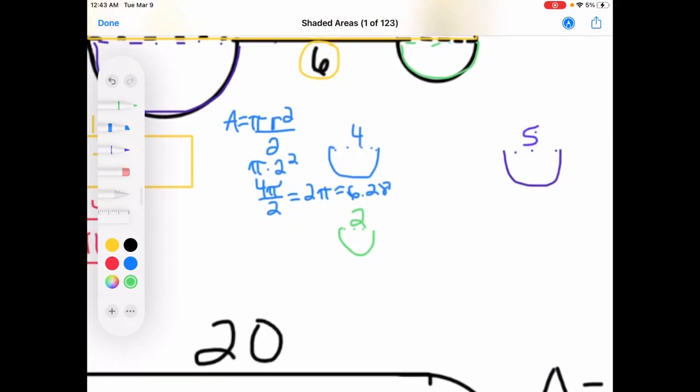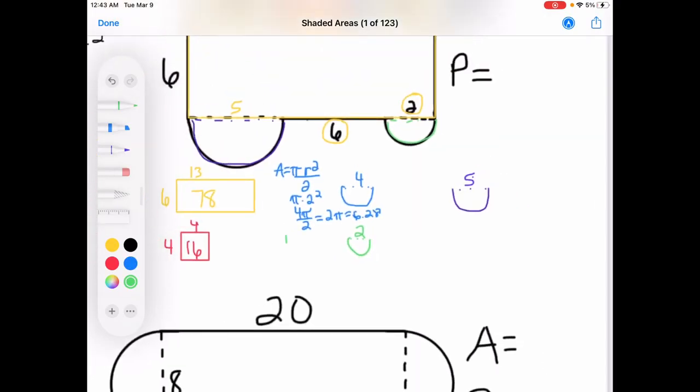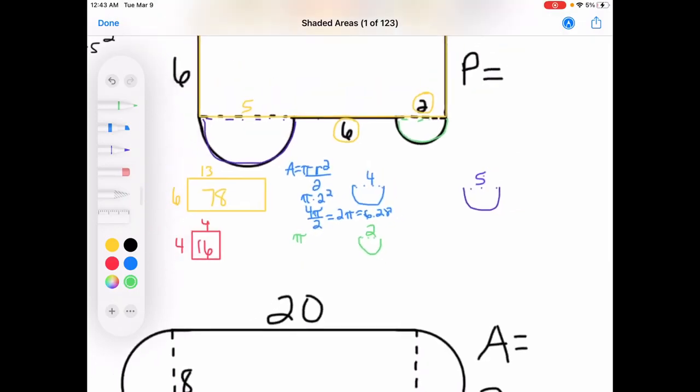And then we have a semicircle of 2, so I need the radius. So that would be pi times 1 squared. 1 times 1 is 1, so that would be 1 times pi, which is 3.14.